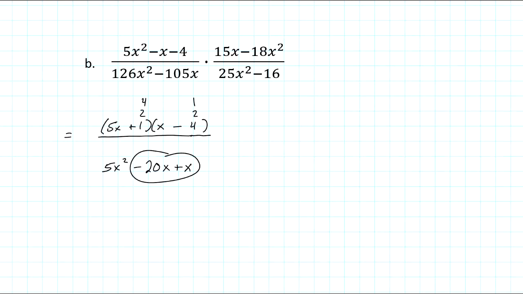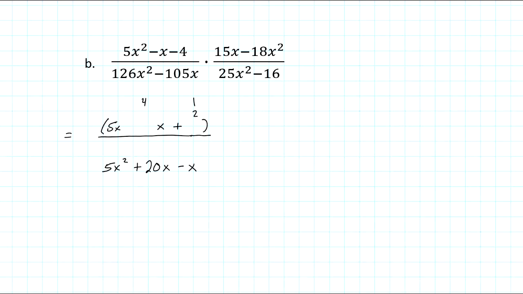Those are not going to add to negative x, so that's no good. So let's switch to minus 1 and a positive 4, but that's just going to be a positive 20 and then a minus x, and that's still a 19. So that's not going to work with those in there.